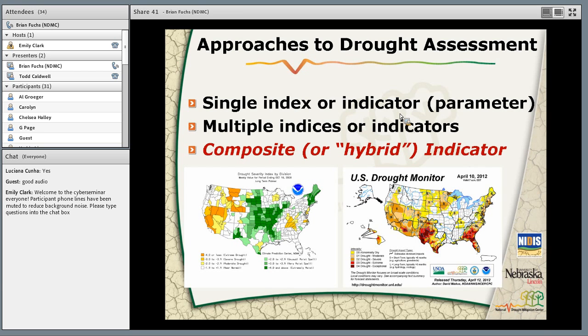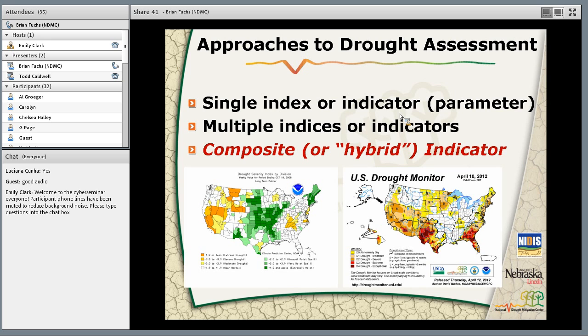And finally, the one that I'm going to talk about today is this composite or hybrid approach, meaning that instead of just looking at 1 or 2 indicators, we're looking at as much information, or all the data that's out there, that's possible to put together this assessment of drought.